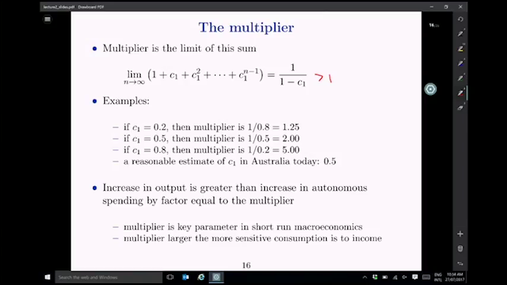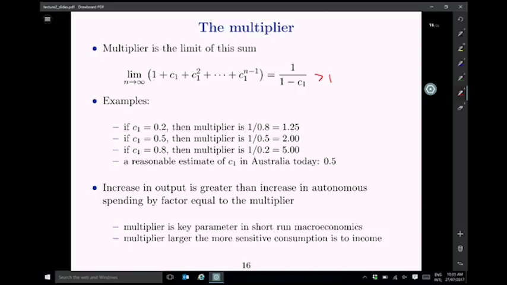Numerical example, if C1 is 0.2, marginal propensity is quite small, so you only consume extra 0.2 units. In this case, the multiplier, this 1 over 1 minus C1, as we call it, is going to be 1.25. That is, if government spending increased by 1 unit, aggregate output will increase by 1.25 units.